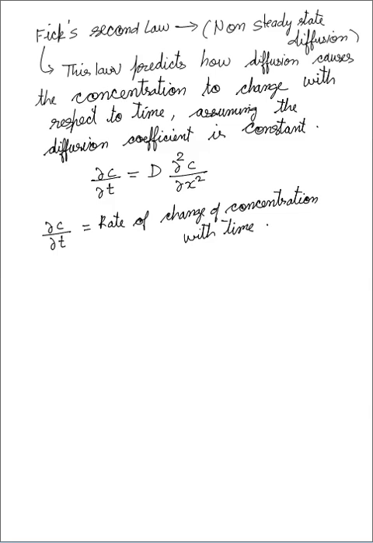D we all know what is D. Then ∂²C/∂x². So this is the spatial concentration gradient. Spatial means along the space. That's why the unit is meter raised to 4.